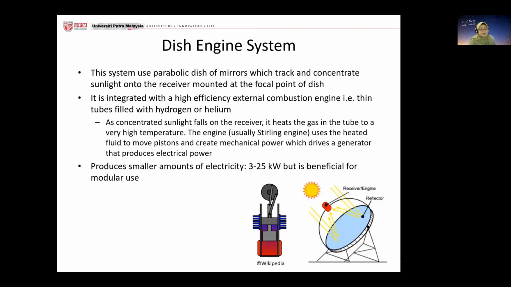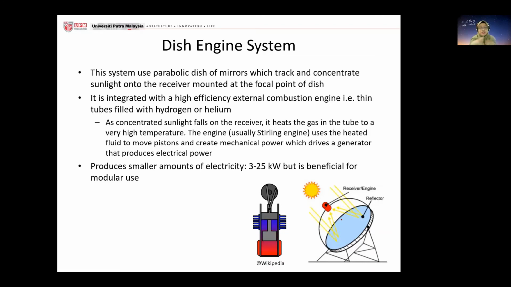The second difference is that instead of using the energy to heat up water into steam that turns a turbine, this kind of system uses engines. This is an example of a Stirling engine, and this system is integrated with a high efficiency external combustion engine. You can imagine the engine has thin tubes filled with either hydrogen or helium.